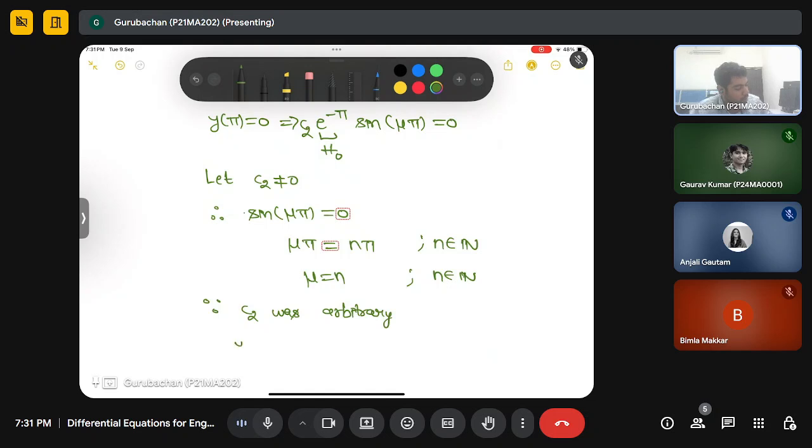the corresponding y_n(x) will be sin mu x, or you can say sin nx.